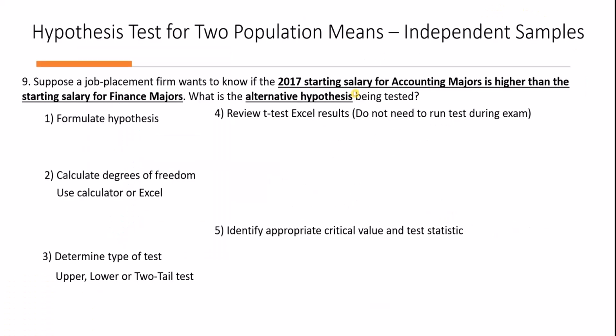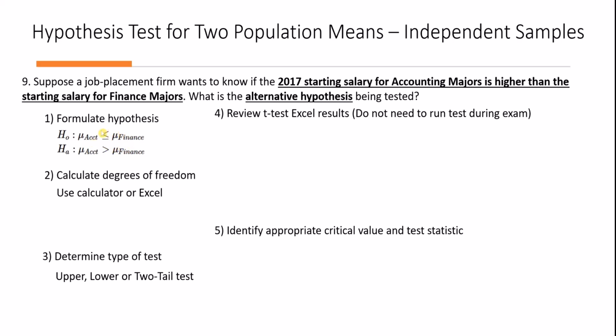So let's run through a hypothesis test for two population means for independent samples. Suppose a job placement firm wants to know if the 2017 starting salary for accounting majors is higher than the starting salary for finance majors. What is the alternative hypothesis being tested? So we could formulate our hypotheses as: the population mean for accounting majors is less than or equal to the population mean for finance majors.